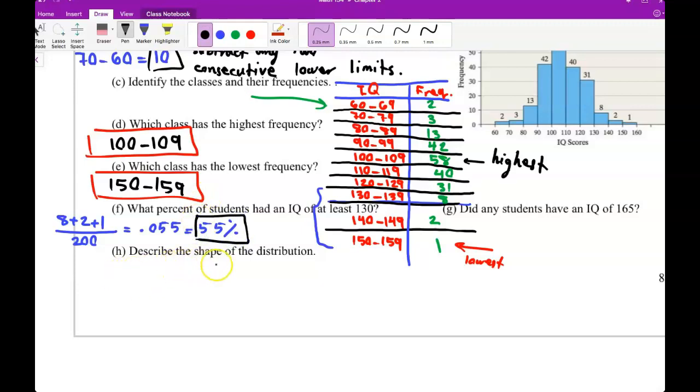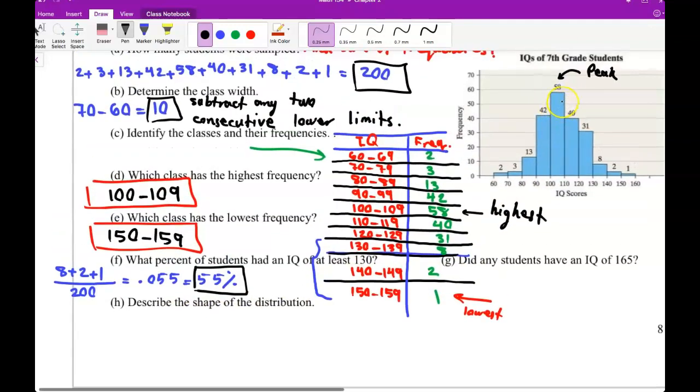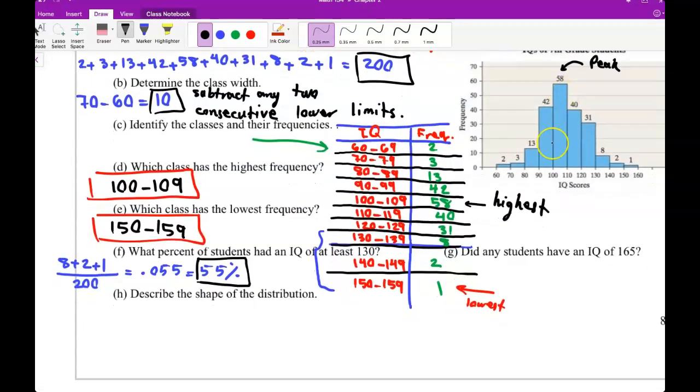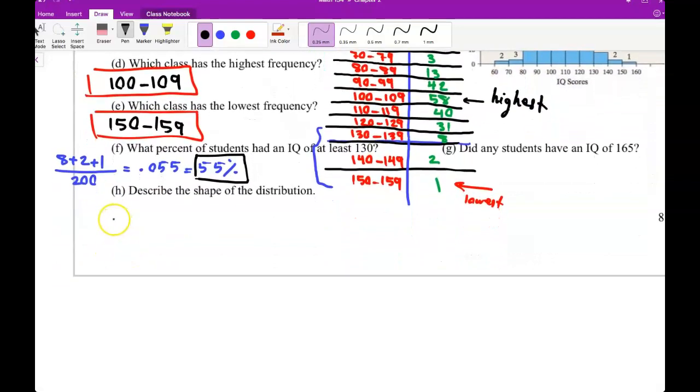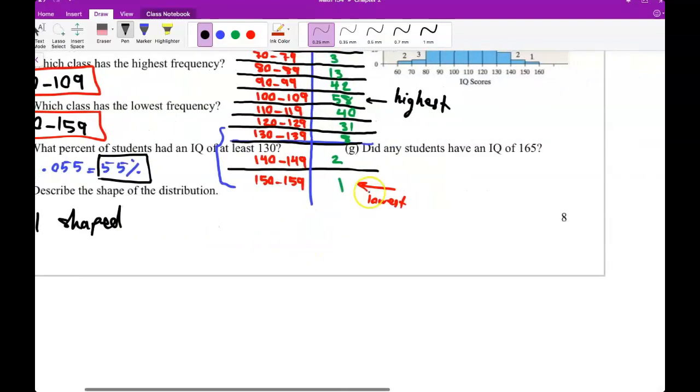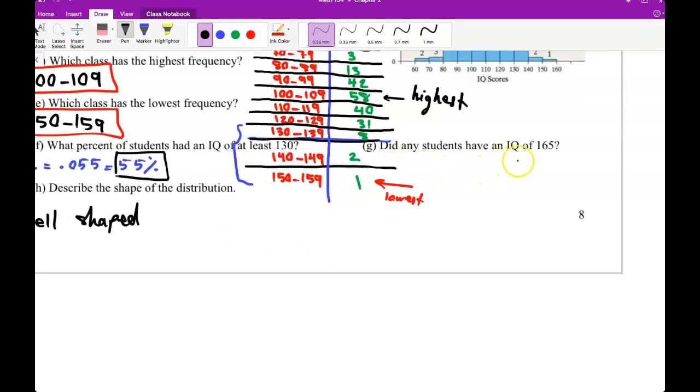Part H, describe the shape of distribution. As I said, since we have this highest frequency in between, this one is bell-shaped. Part G, did any students have an IQ score of 165?